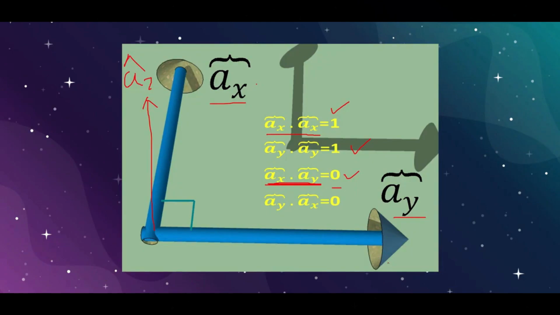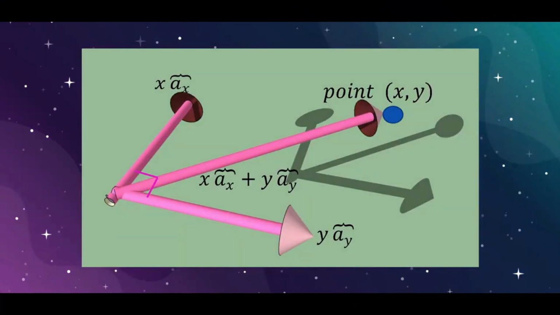There are two concepts of multiplication in vectors. One is the dot product, another one is the cross product. Today we will focus on the dot product. Say we have to find out the position of point P in space. If it is a two-dimensional space, it will have two components, one in the x direction, another one in the y direction.